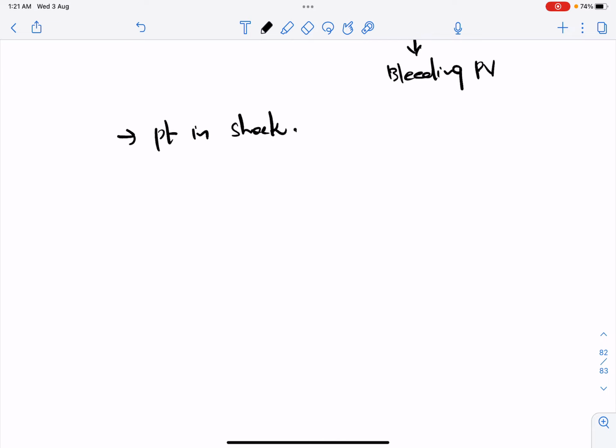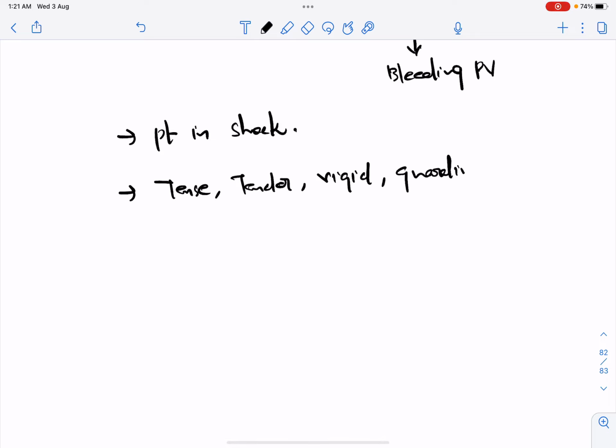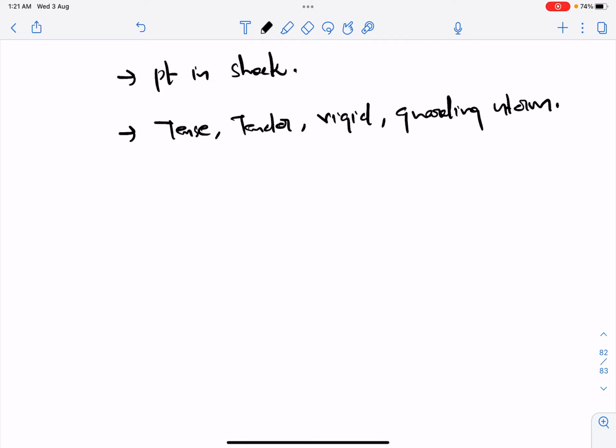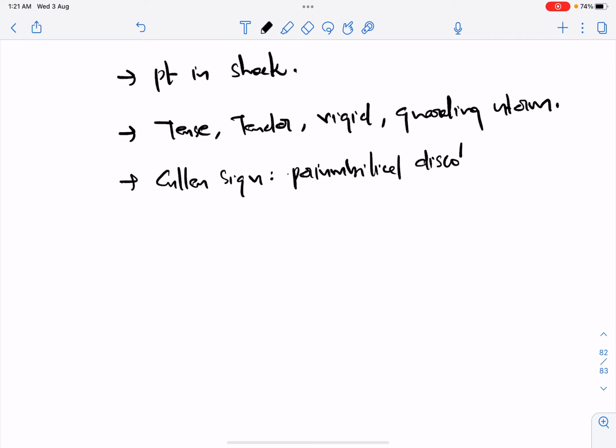The other clinical findings include a tense, tender, rigid, and guarding uterus. There is something called Cullen sign, that is periumbilical discoloration. And there is Grey Turner sign.